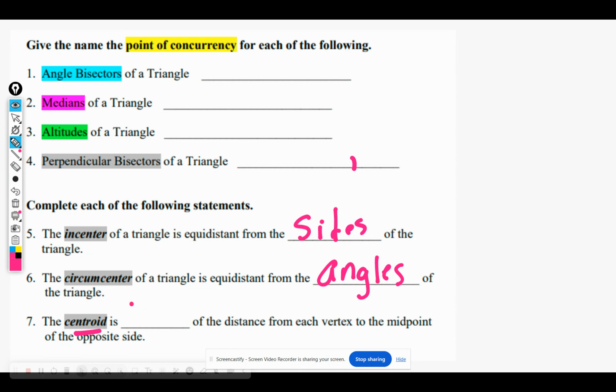The centroid is 2/3 of the distance from each vertex to the midpoint of the opposite side. So fill in what each center is going to be, and that's the end of our notes. Okay, all right, guys.